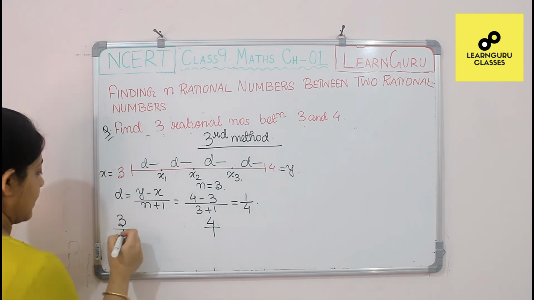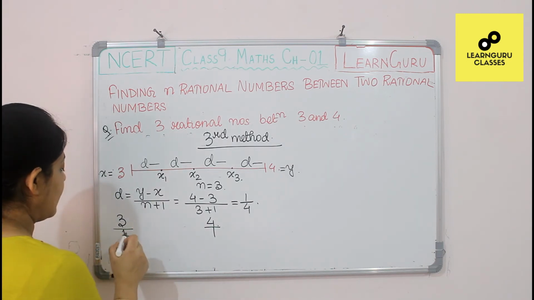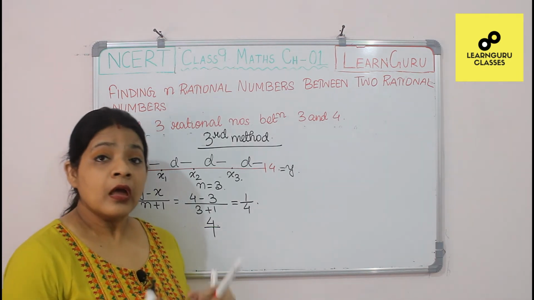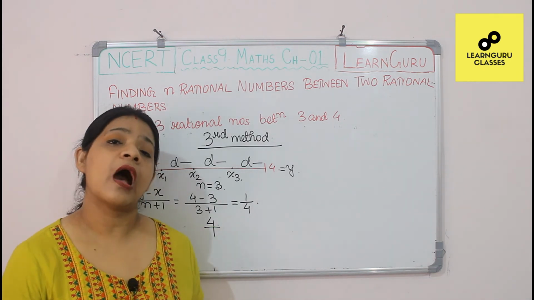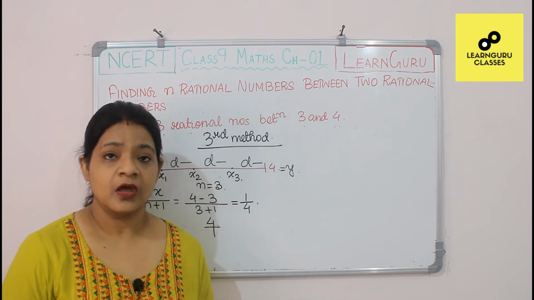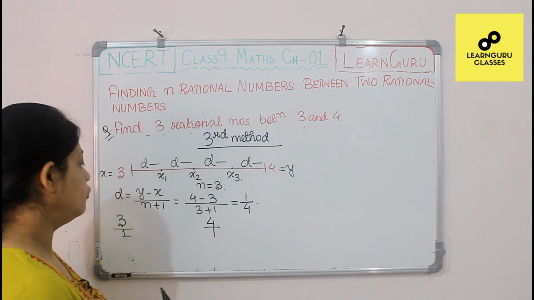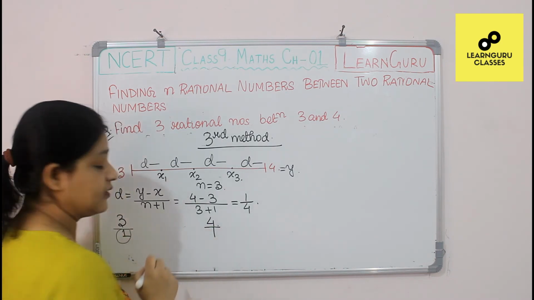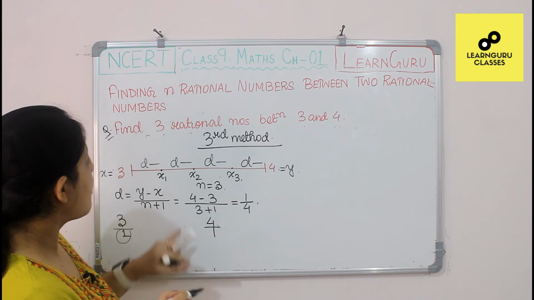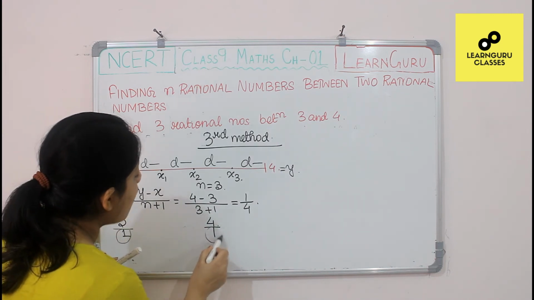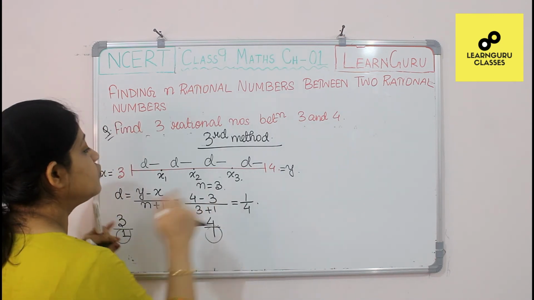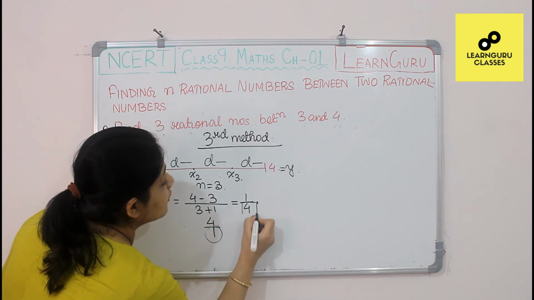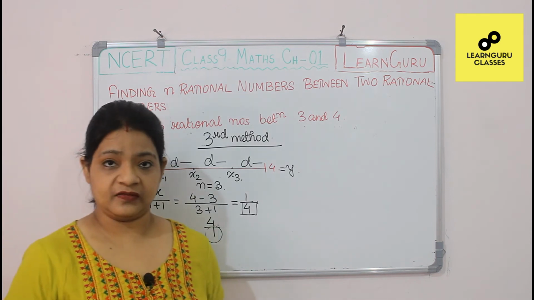Now the main thing is that from this you cannot get any clue how to pick up the rational numbers. So here what you have to do, mark me, you have to make the denominator of these 2 rational numbers equal to the denominator of the common difference.